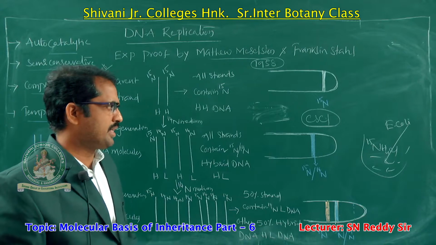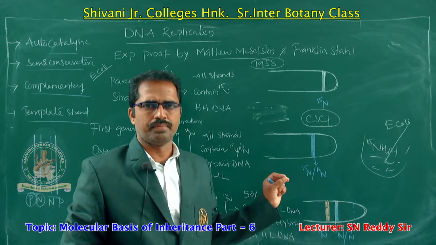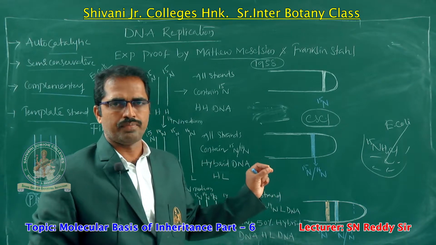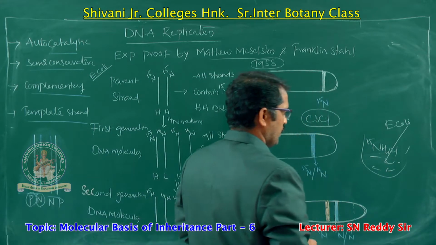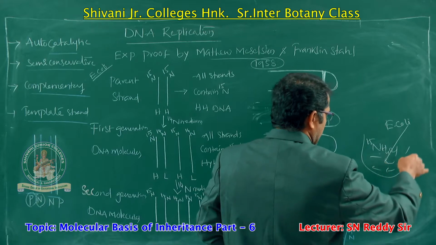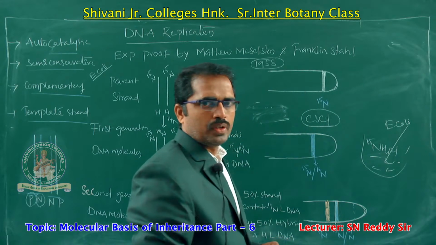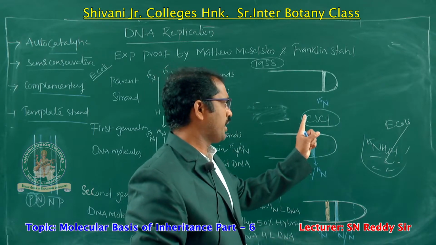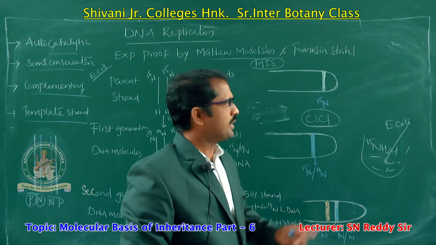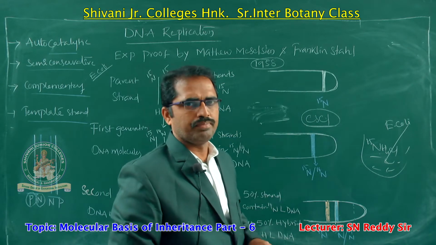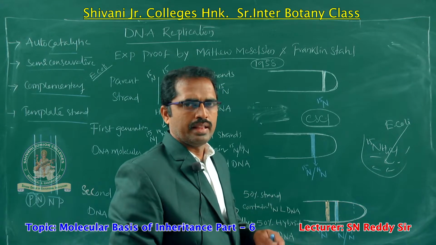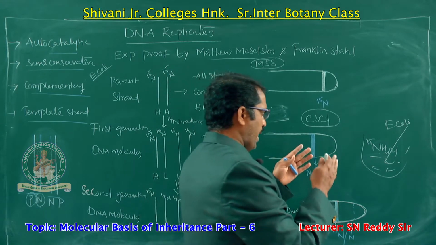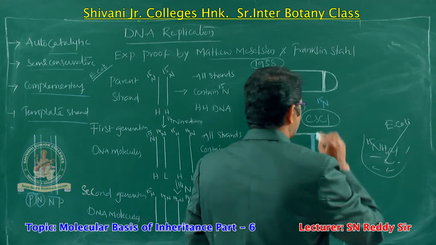The medium has only N15 NH4Cl, heavy. After a few generations, they selected these bacteria by using the cesium chloride density gradient, separating the normal bacteria from the modified bacteria.